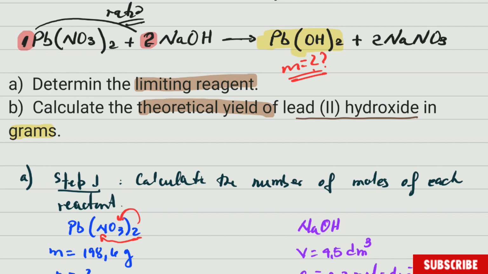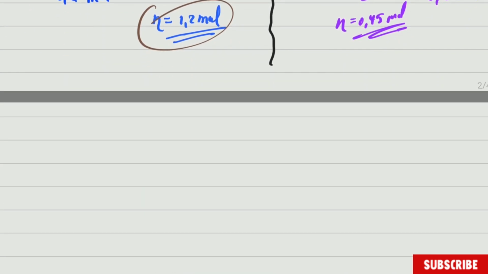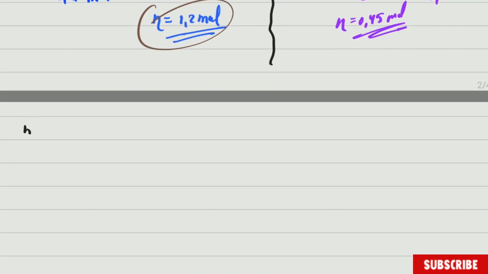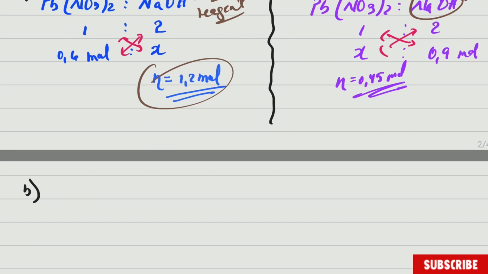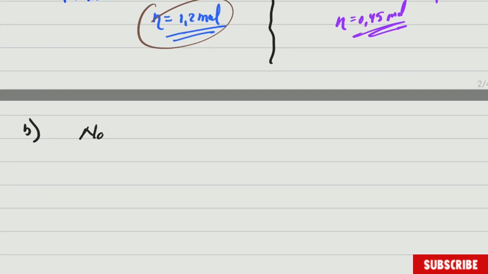We know it is sodium hydroxide, so we are going to work with sodium hydroxide and lead 2 hydroxide, which means we need the ratio. Remember, the ratios are the numbers at the front. So to answer question B, all we have to do is use the ratio of sodium hydroxide, because sodium hydroxide is the limiting reagent.